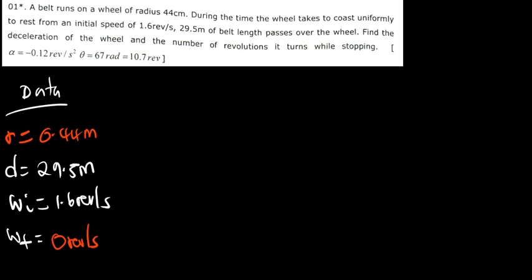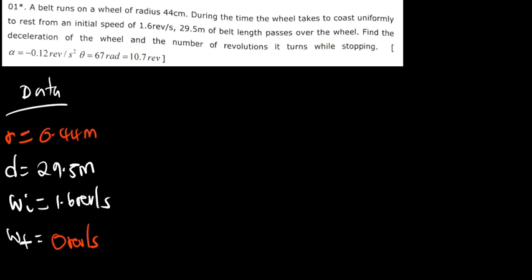So if they are talking about deceleration and not mentioning anything about the final velocity, it is always zero. But if they give you the final velocity, you're going to use it.